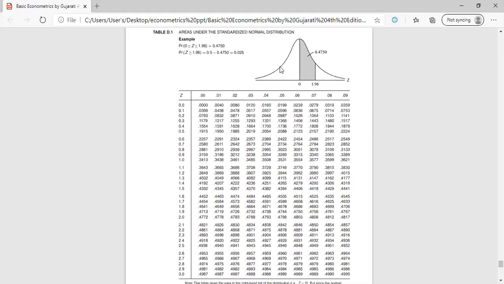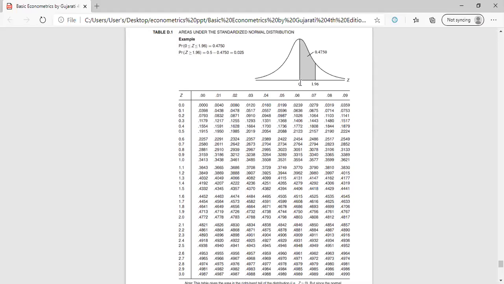Another part is from minus 2.25 to 0, this area. Stop me if you don't understand. So the first area is the whole area, to which you add 0.5. Another area is minus 2.25 to 0, which is the same as 0 to 2.25.